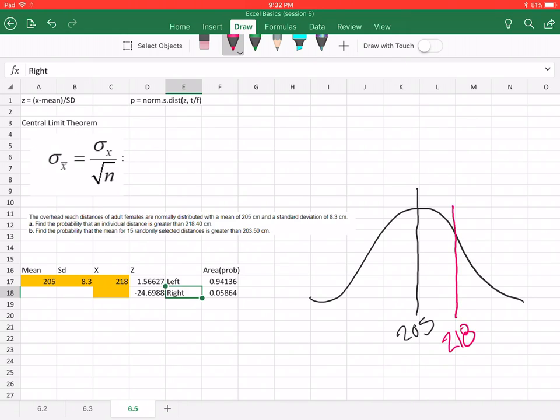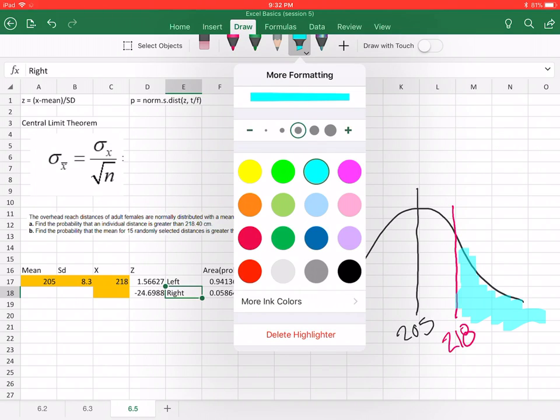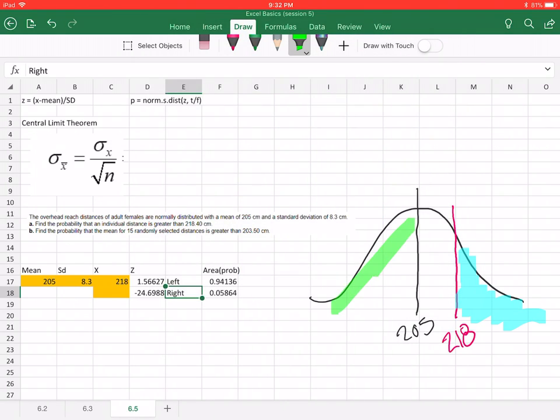And we want it to be greater than that, so we want our numbers to continue getting larger, so we're looking for the area that's right here. We're looking for the probability that's there. If it said for a distance less than 218, then we would be looking for the area to the left because those numbers would be less than. So that's the first part of the question.